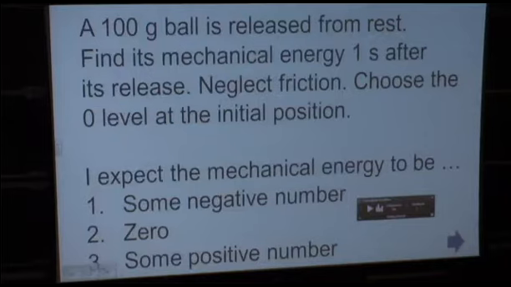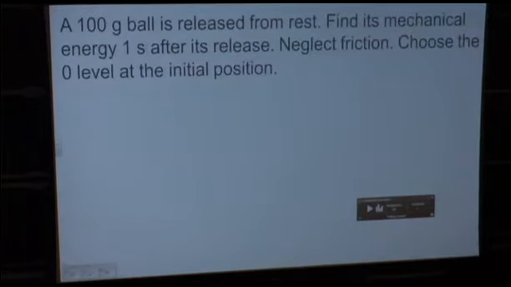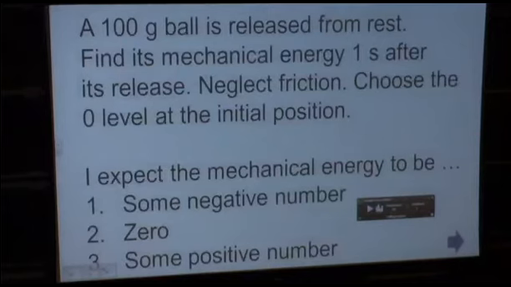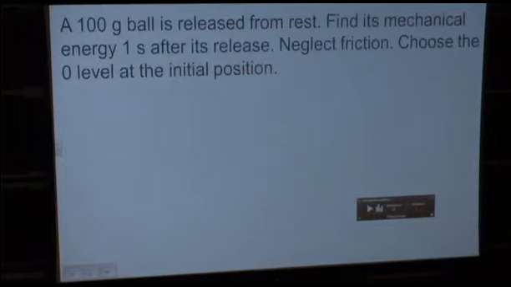Now this is a specific situation when we neglect friction. A 100 ball is released from rest, like in my experiment. Find its mechanical energy 1 second after it's been released. I don't want to ask this question, no time. But if you read this problem literally, if we are told where the origin is, it's very simple.